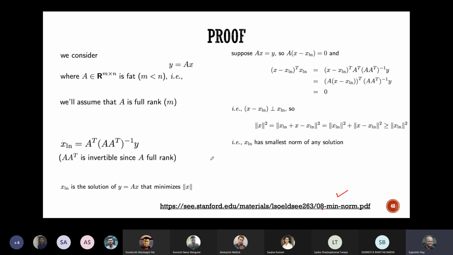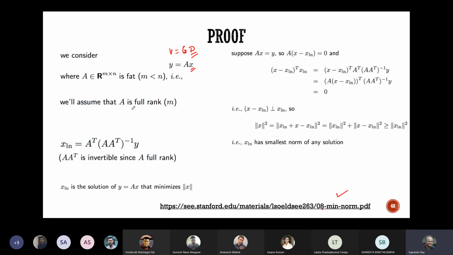So here's the logic. Now I've changed the notation. This is just like V is equal to G d, but now I'm going to write Y is equal to AX. So my aim is to find an X so that I solve this and X has the minimum norm. How do I go about doing this?